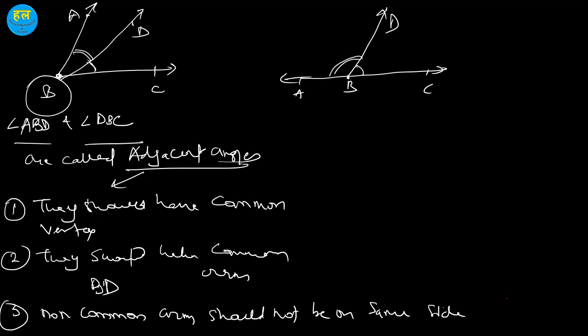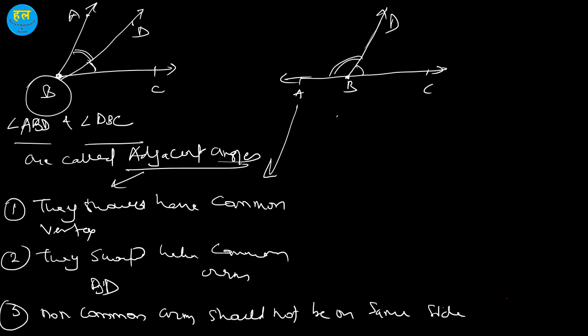Why? Because they satisfy the three conditions. What are the three conditions? They have a common vertex B, they have a common arm BD, and the non-common arms are on the opposite side or on the different side of the common arm. So these are adjacent angles.